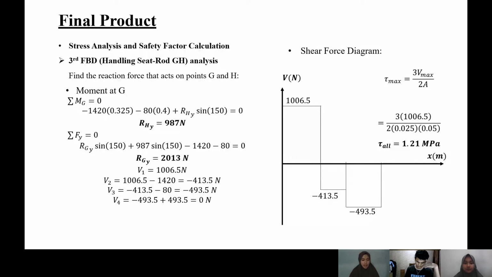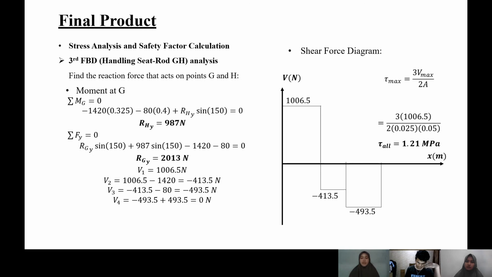To find the shear force diagram, we have some values here. It is the shear force, and then we can directly draw it as shown in the figure beside. Based on the figure, it gives us the maximum shear force, which is 1006.5 Newton.